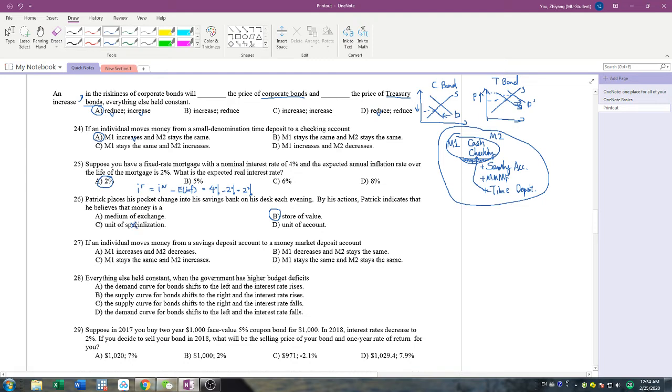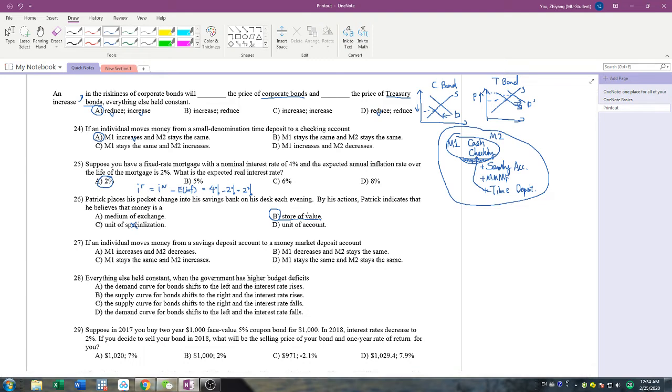Those 3 functions are medium of exchange, store of value, and unit of account, okay? With my personal experience with students, I think it is pretty straightforward to identify which one is store of value. So I'm not really worried that you're going to misclassify the store of value function.